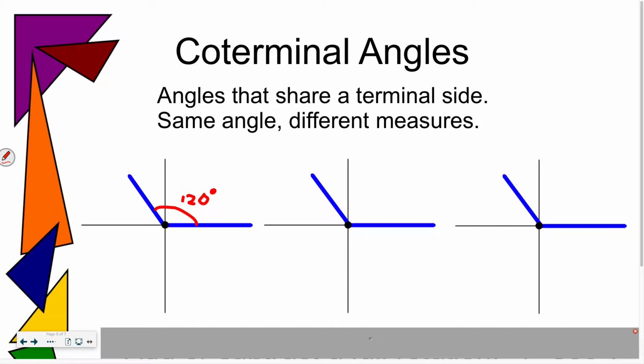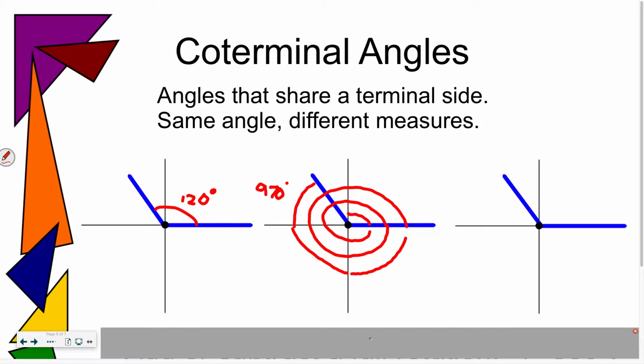But we could also say maybe we go around 1 time, so that's 360. Maybe we go around another time, so that's 720. And then we do plus 90, what is that? 810, 900. I'm going to say like 970.